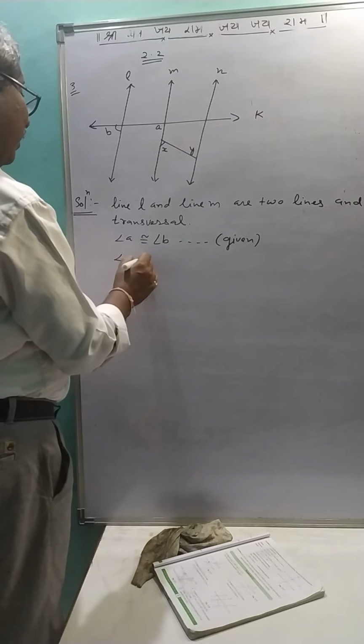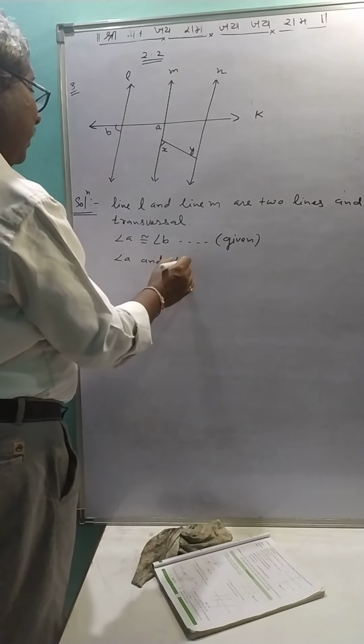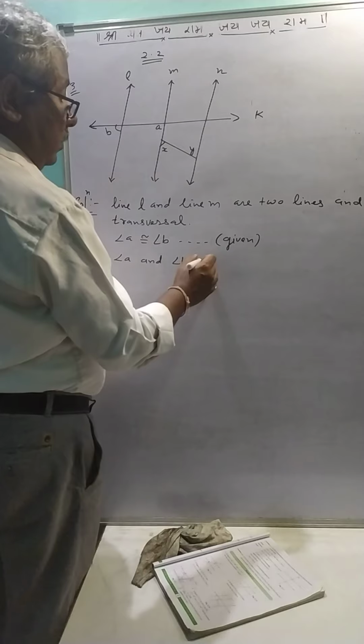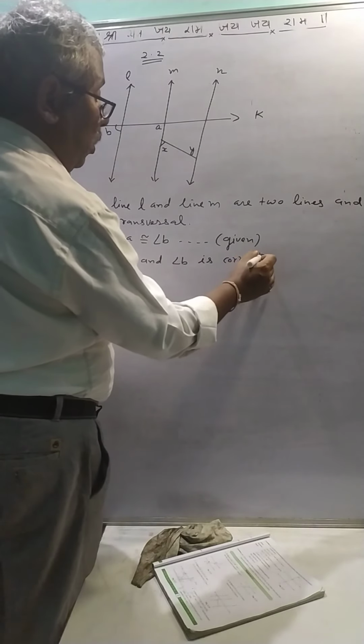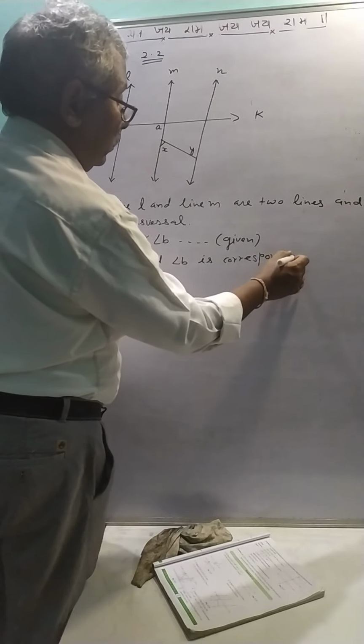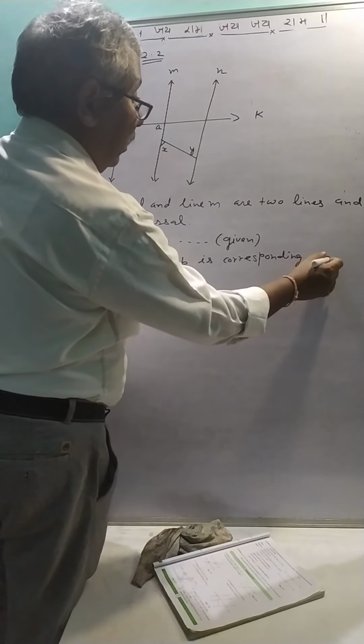Angle A and angle B are corresponding angles.